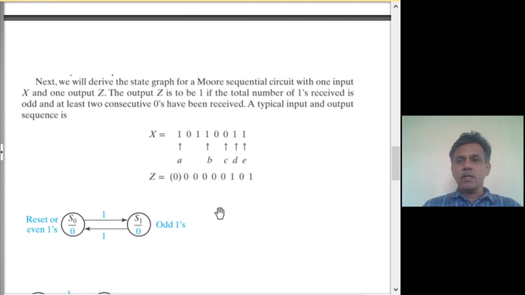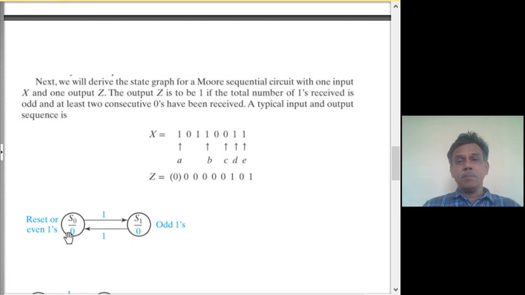We can have 2 states, one representing that the number of ones received so far is even, another representing that the number of ones received so far is odd. So, that is enough. We can have a state called S0, which corresponds to the case when the number of ones is even.